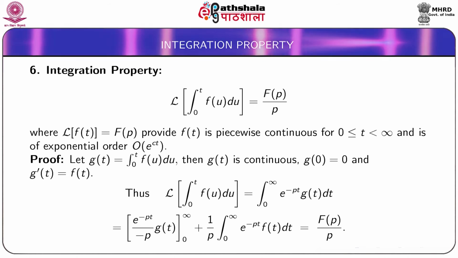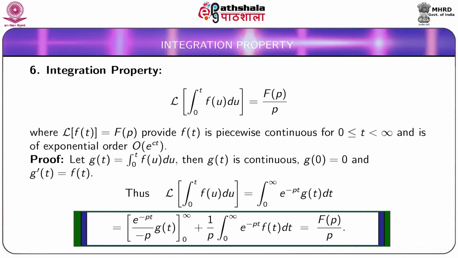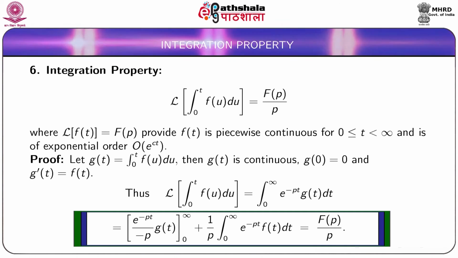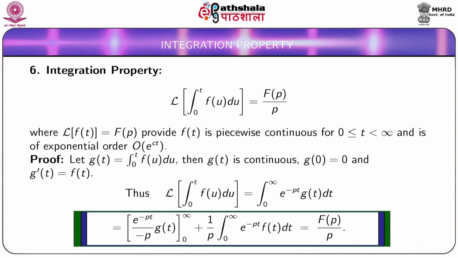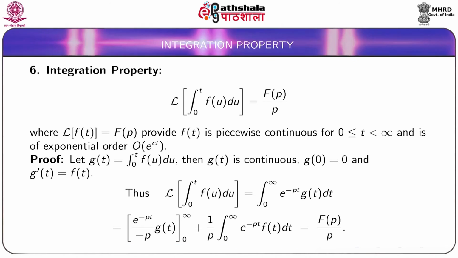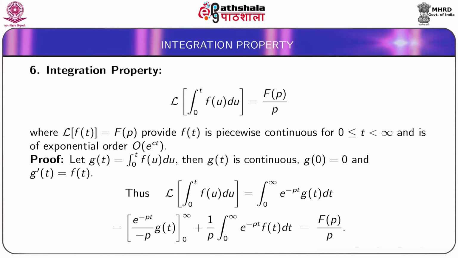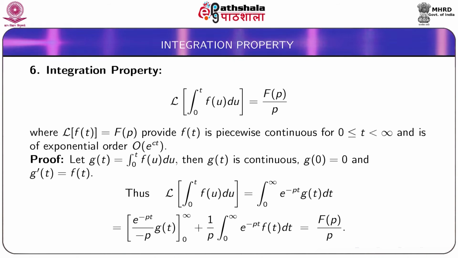If we integrate by parts, then we get e to the power minus pt by minus p into g(t) from 0 to infinity plus 1 by p integral from 0 to infinity e to the power minus pt f(t) dt. Now, the first term is 0 and the second term gives 1 by p into capital F(p).